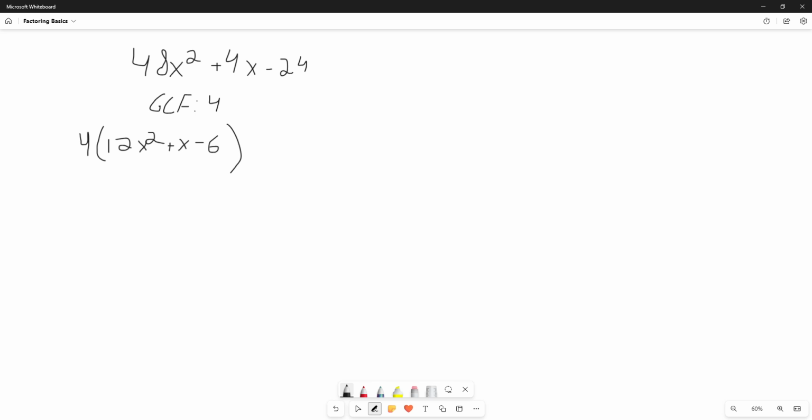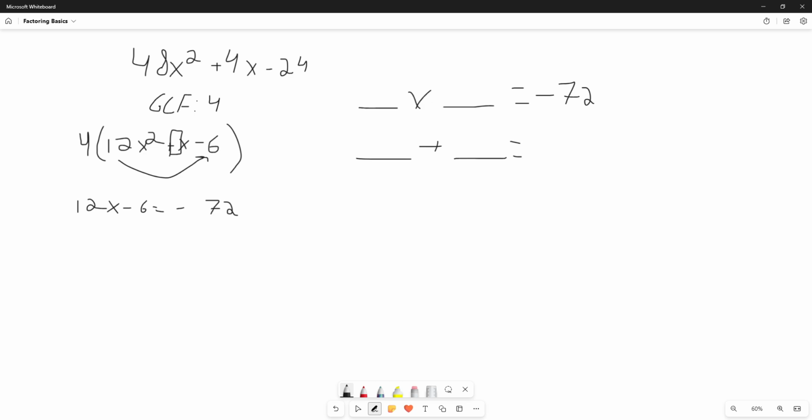Now we can use our factoring trick. We take these two numbers and multiply them. So 12 multiplied by minus 6 is minus 72. And then we have a 1 here, that invisible 1 before the x. So we can say what multiplies to minus 72 and adds up to 1?